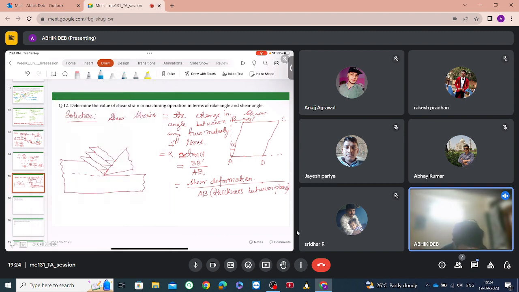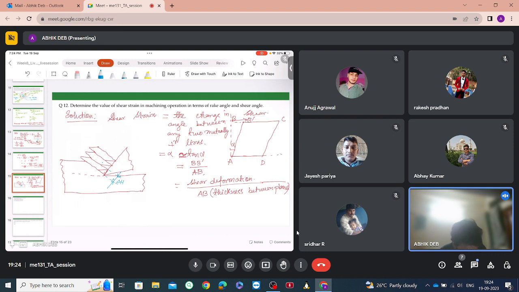Suppose we consider these two planes, and the thickness between them is delta H. This perpendicular thickness is AB.